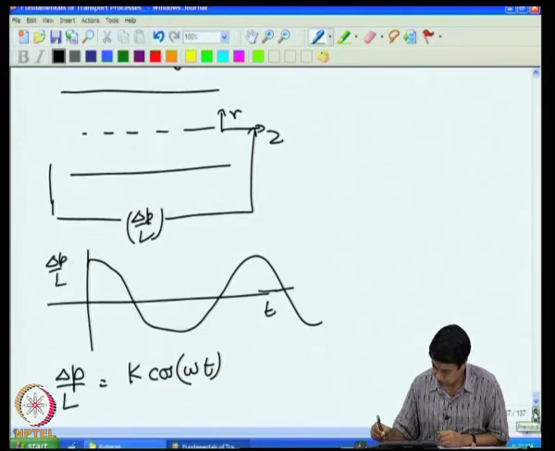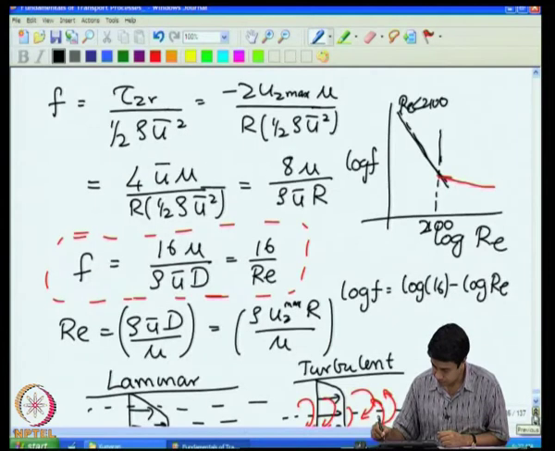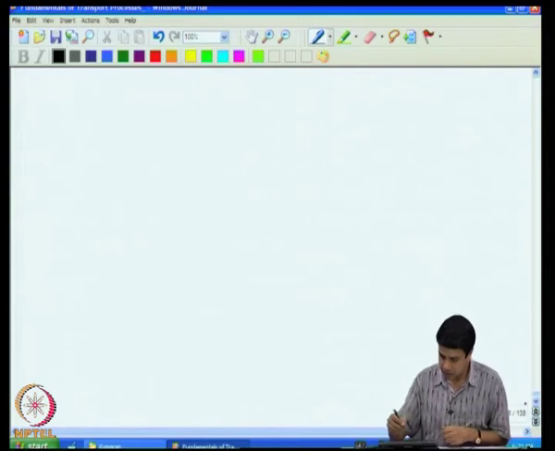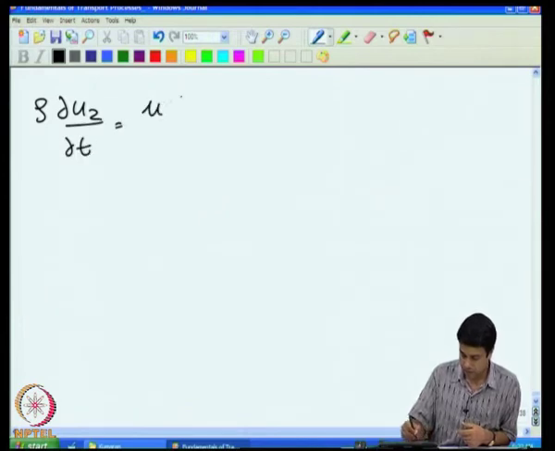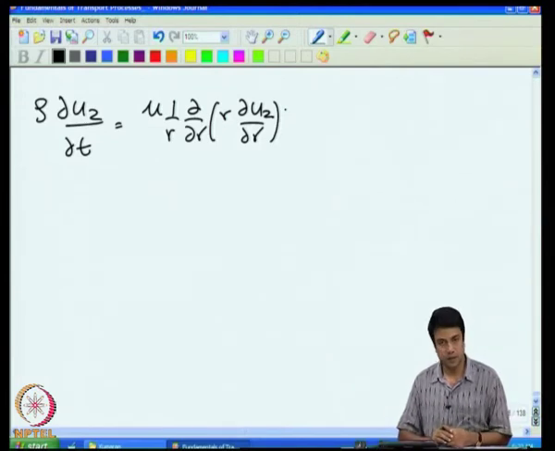So, the differential equation that I had, rho times du z by dt is equal to mu into 1 by r d by dr of r du z by dr, minus dp by dz.